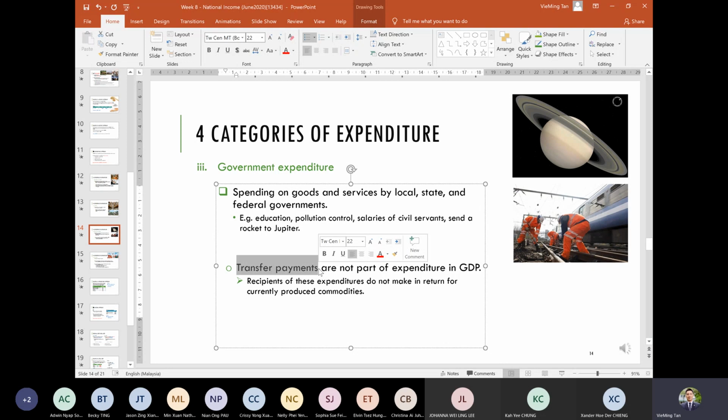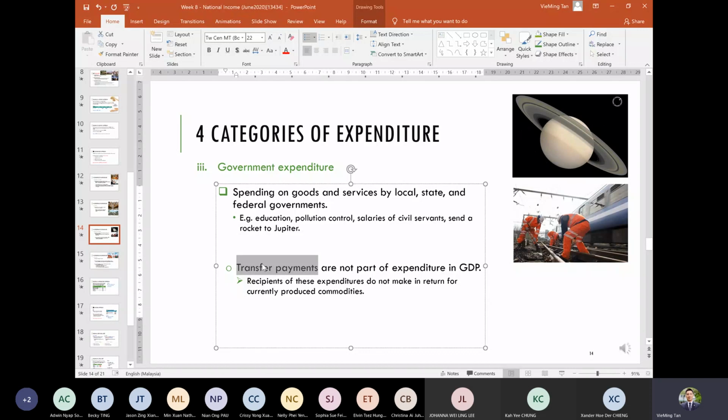The recipient of the transfer payment usually will not contribute or generate additional value to the products or services or to the whole economic activity. As a result, the transfer payment should not be counted in the government expenditure category. So we just ignore transfer payments when calculating government expenditure. Any questions so far?